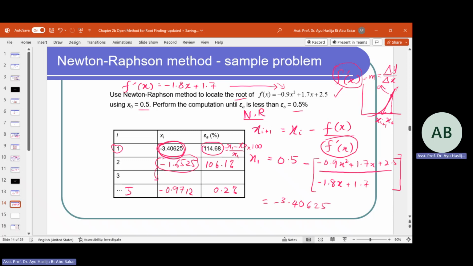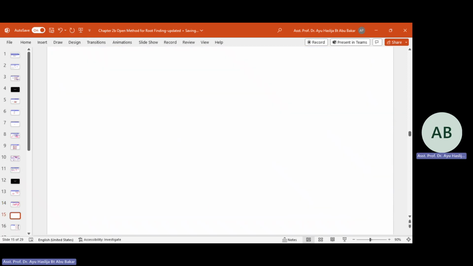Yeah, this one, the equation is quite simple, quadratic. Let's say the equation involves sine and cos.